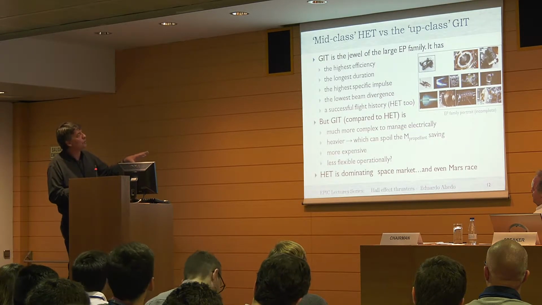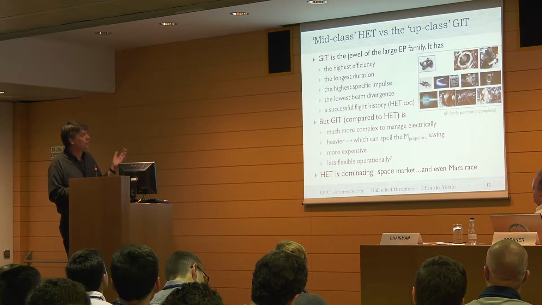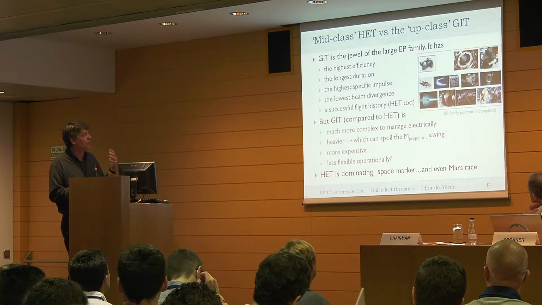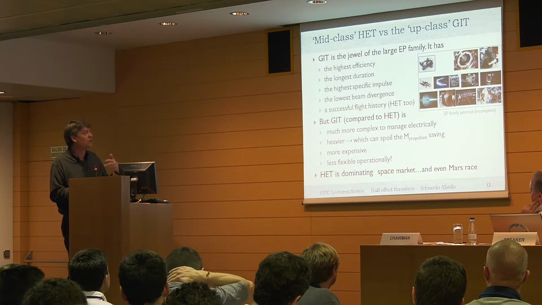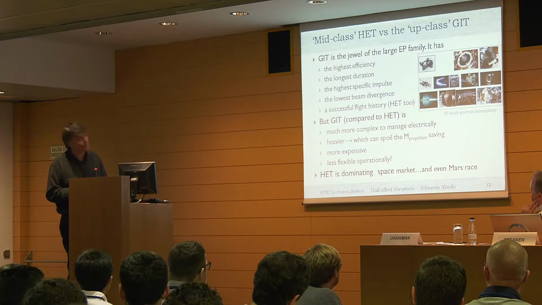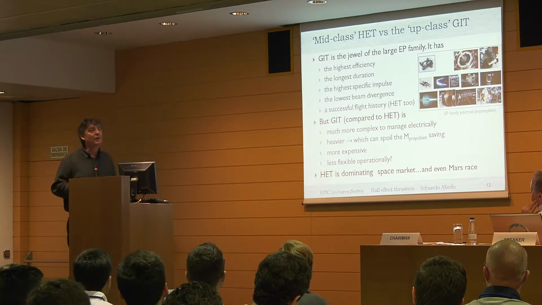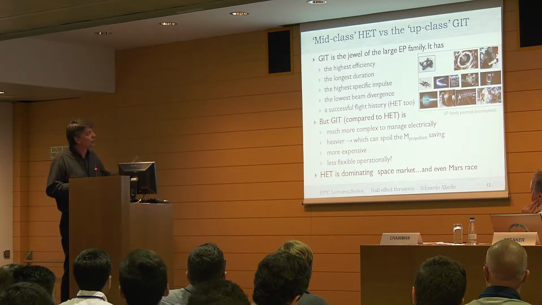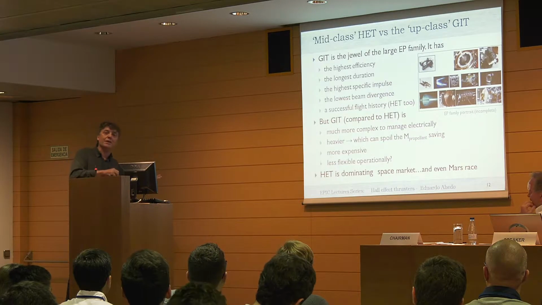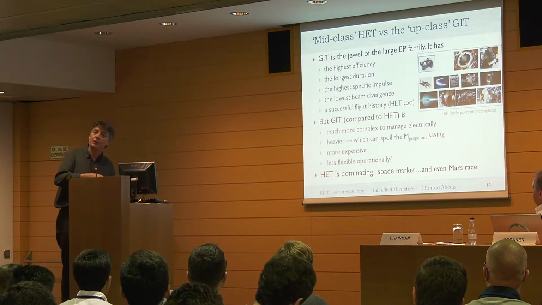We continue with the comparison now with the Hall thruster. The ion thruster is more complex, much more complex to manage electrically. It is also heavier. It has a lower thrust density because of the Child law that Javier has commented. It's a bulkier thruster, so it's heavier. So what we are gaining in propellant, perhaps we are losing in the extra weight of the thruster.